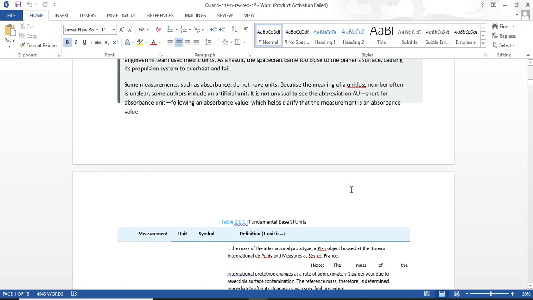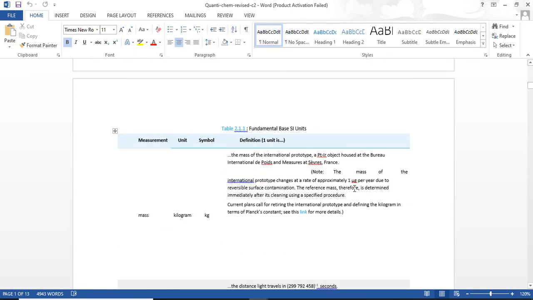Next, you have here measurement, unit, also ang iyang symbol kag definition niya. If you have here a mass, for example, your mass ang iyang unit is in kilograms, then also iyang symbol nga kg. Okay, you also have the definition here. For the mass is international prototype object housed at the International Bureau of Weights and Measures in Sevres, France.